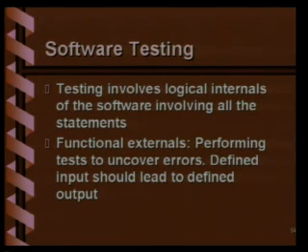Defined input should lead to defined output. So there are two basic testing methods we are pointing to. Maybe we will look into some more details about them slightly later. These are the two basic strategies for testing, internals and functional externals.